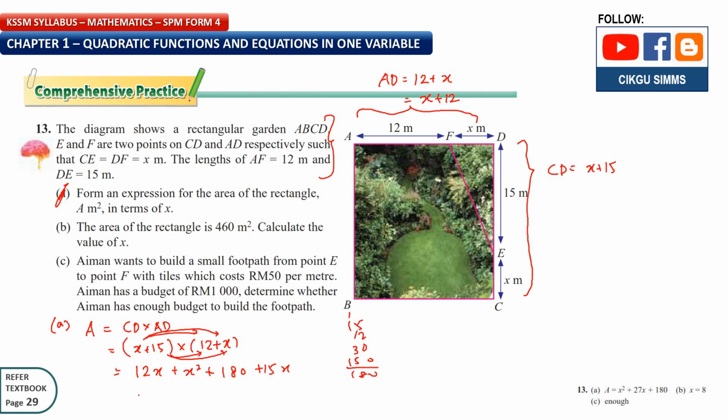And then you simplify them. x squared plus 27x plus 180 is your area. So this is the equation.